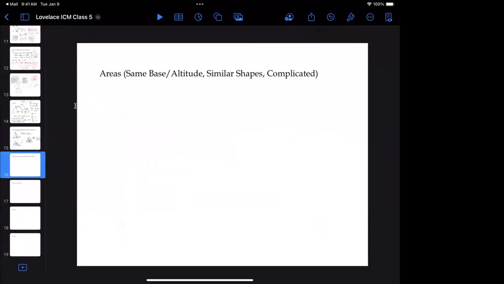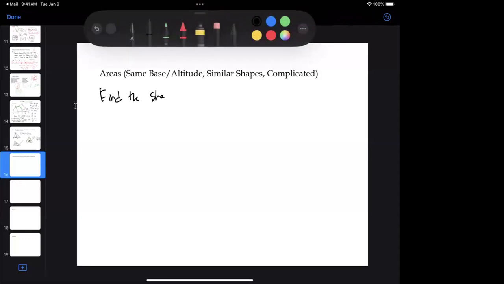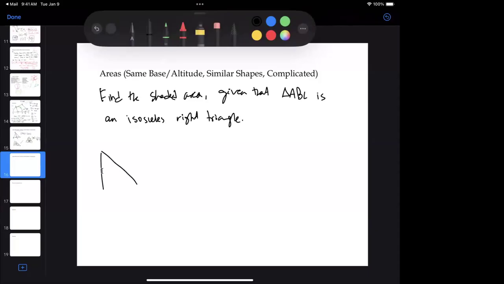Find the shaded area given that AB is the diameter of a semicircle.